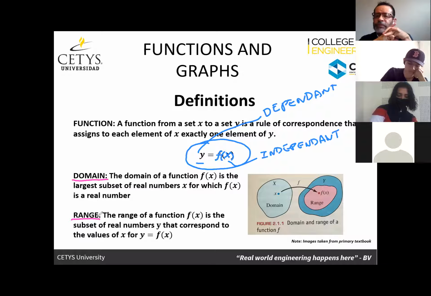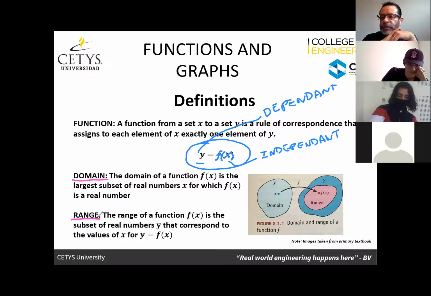So what is the domain of a function? The domain of a function is the largest subset of real numbers for X for which F of X is a real number. Now, let me simplify that definition. The domain of a function is all of the possible values that X can have for that function.